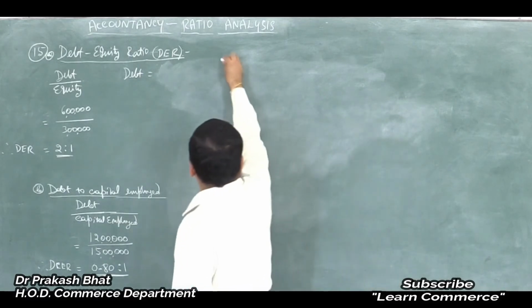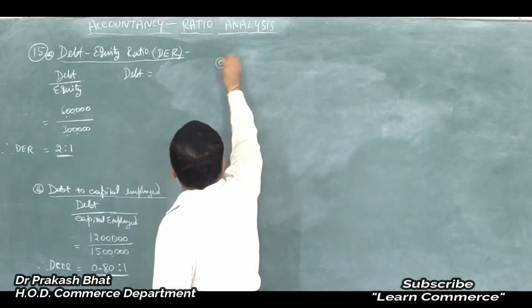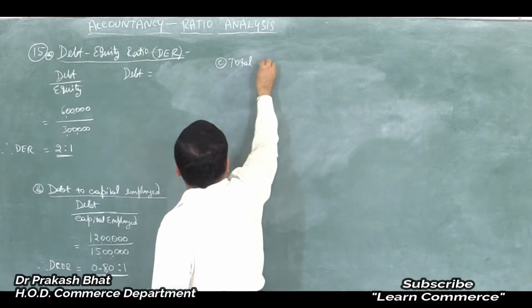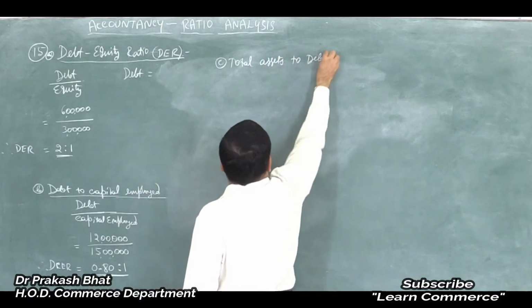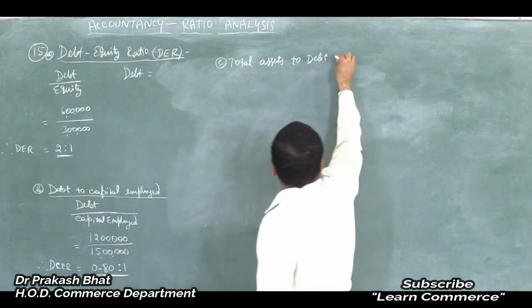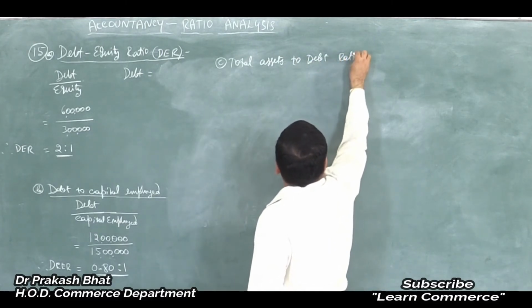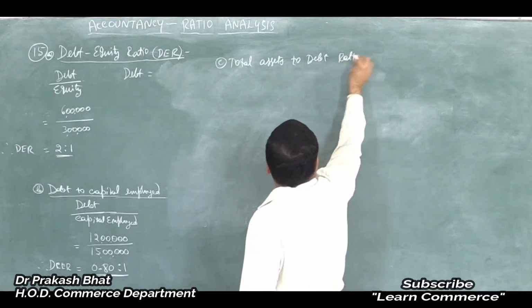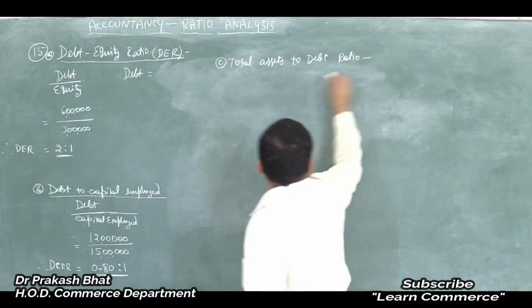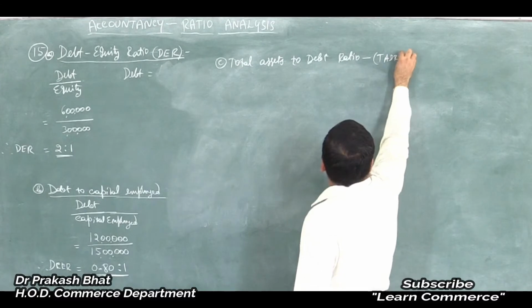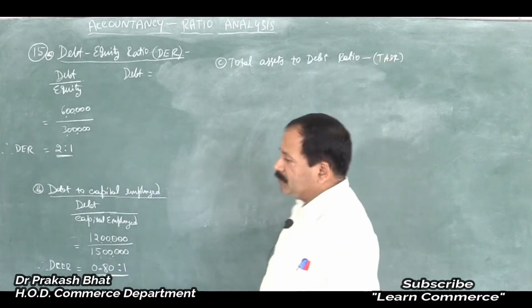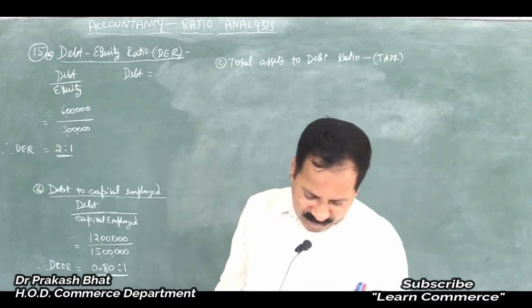Total assets to debt ratio, point C. Total assets to debt ratio is equal to, right here, TADR, total assets to debt ratio.